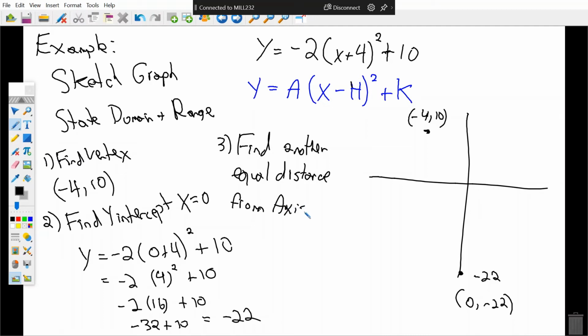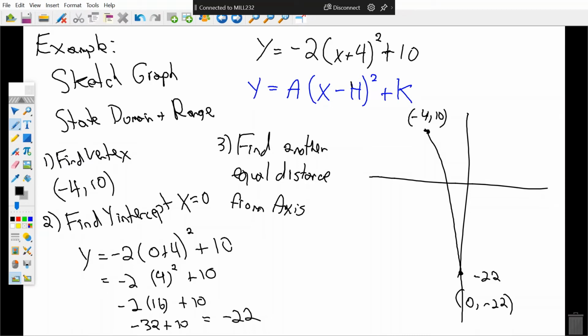Okay, so here's what I mean. We know the parabolas are always equal, right? So we've got half of the parabola. Oops. Try to draw this better. We have half of the parabola right here. Okay? So what we have to do is we have to find the mirror image of this point on the other side. So what we do is we look at our x values, okay?